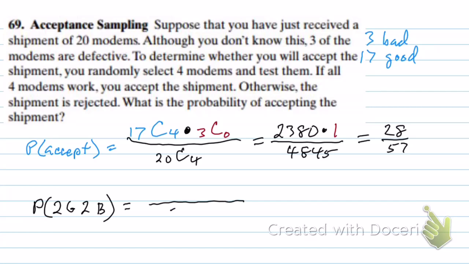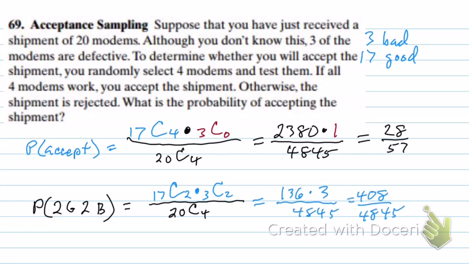It's going to be choosing 4 out of 20, and the order doesn't matter. But now, for the good ones, I've got what? 17, choose how many? 2 times 3, 2. Let's see how that changes anything.